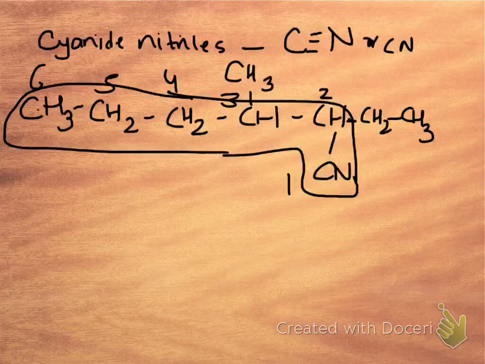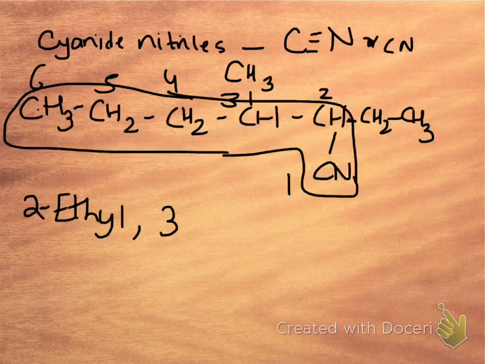At 2 there is something called ethyl. The substituent at 3 is methyl. So now how will you write the name? Yes, you will write the name as 2-ethyl, then a comma, 3-methyl, and while writing the name you should not give any space like I gave in the previous example.